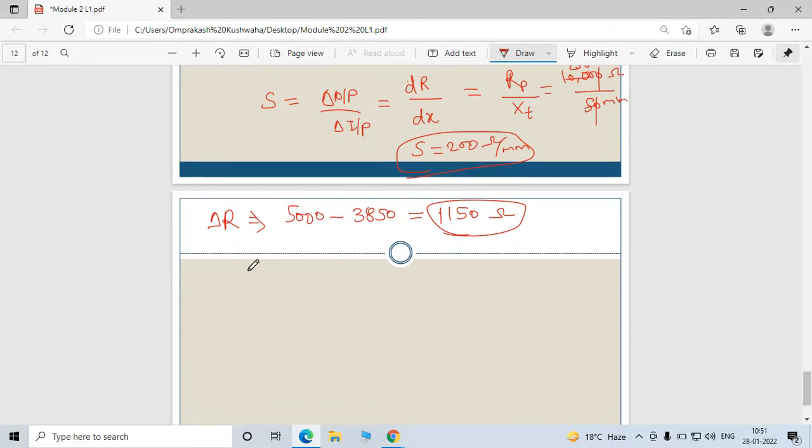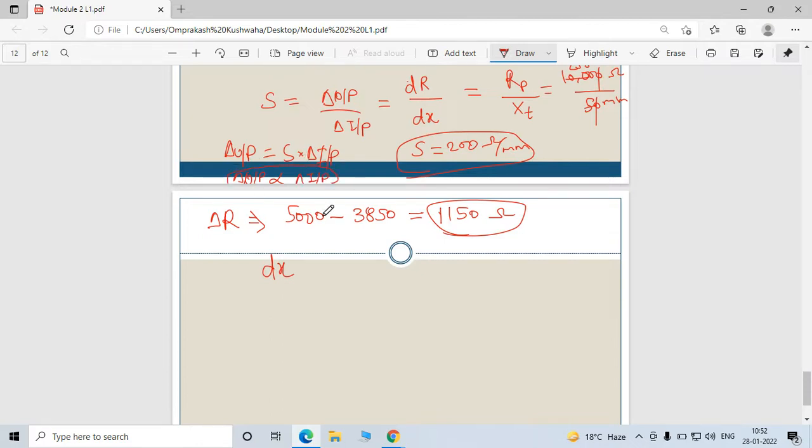So what is dx here? Sensitivity is constant throughout this problem. Output is nothing but sensitivity times change in input, so output is directly proportional to the change in input.